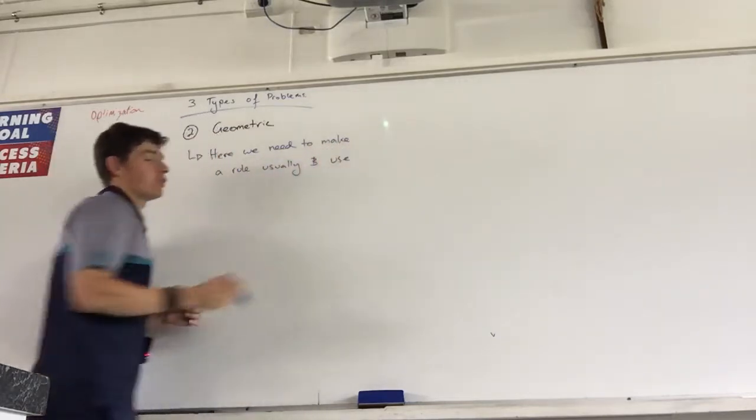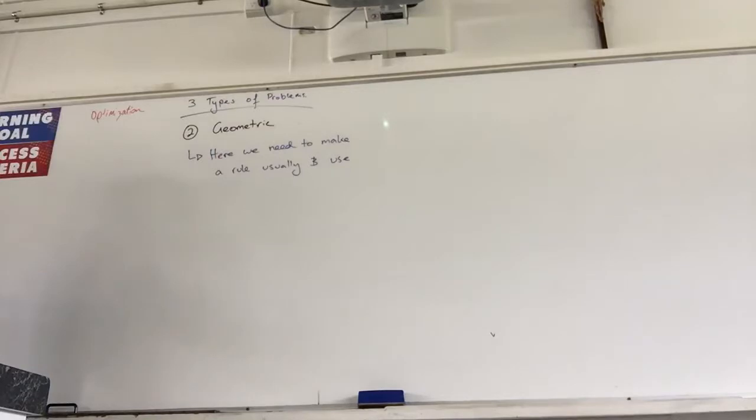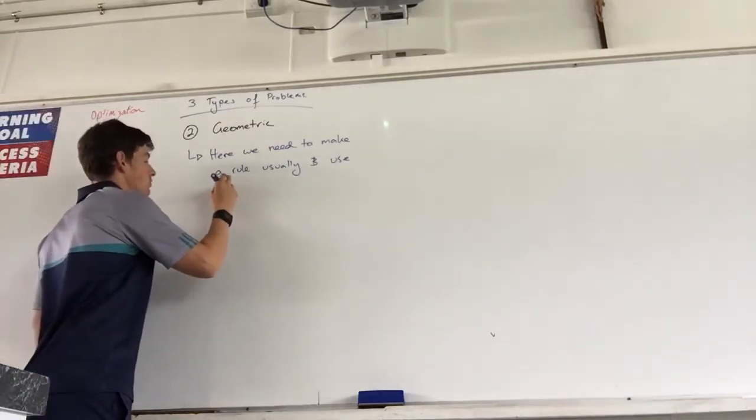What's the skill we have to use? What's the process that we often use? We often get given a perimeter or an area and we have to find the max or the min area or volume, for example. What's the skill we often use? Yeah, so we often have to make a rule and use substitution.